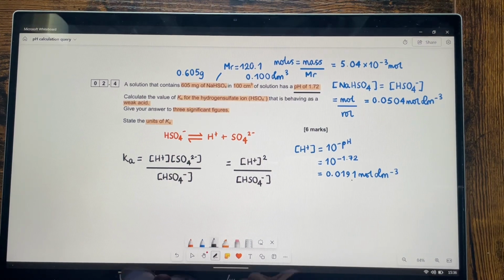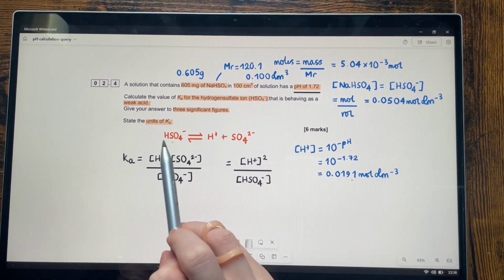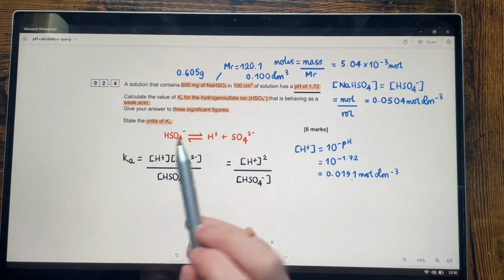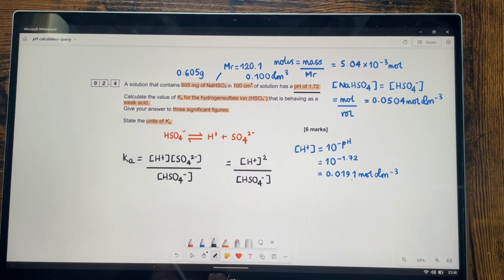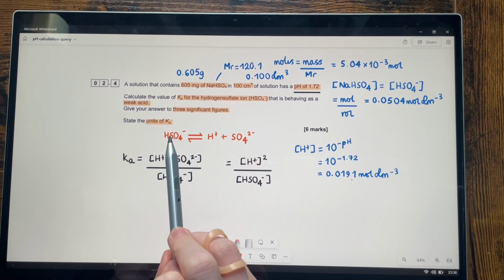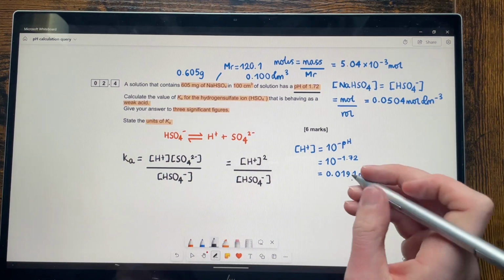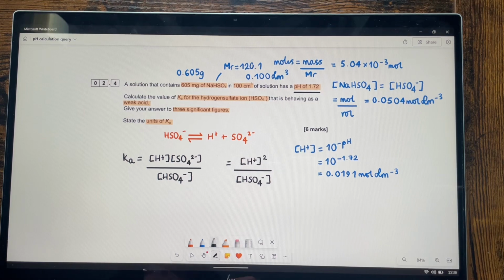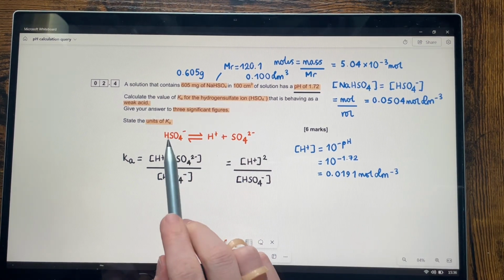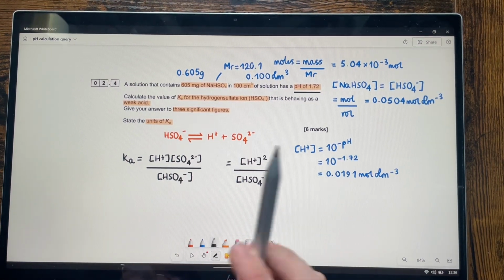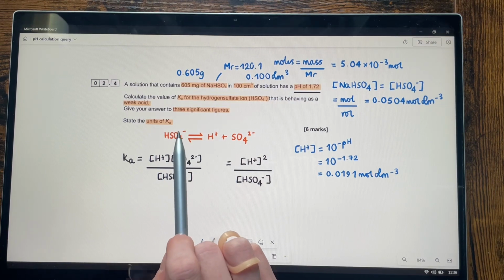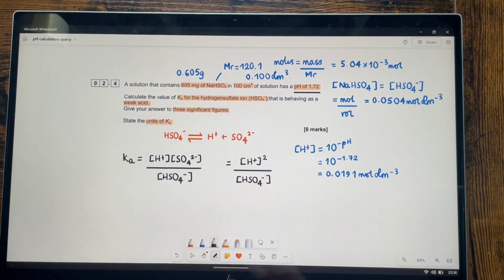Now, the assumption that we make when we normally do weak acid calculations is that whatever the concentration of the HSO4 minus in this instance, or whatever the concentration of your weak acid is initially, we just sub in that number into our Ka expression or our rearranged Ka expression, because the amount of dissociation is so slight that the amount of HSO4 minus that dissociates, or whatever the weak acid is in a normal instance, would be minimal.